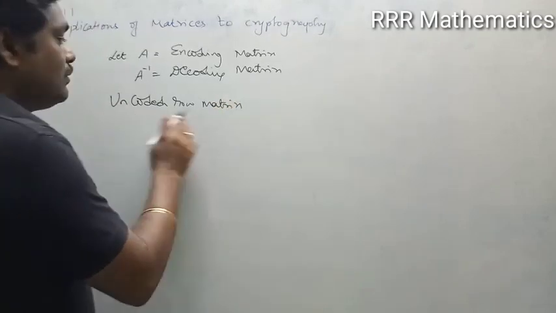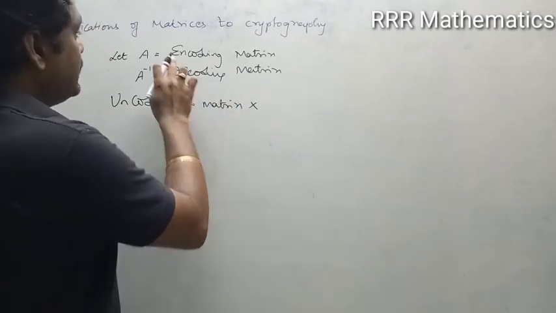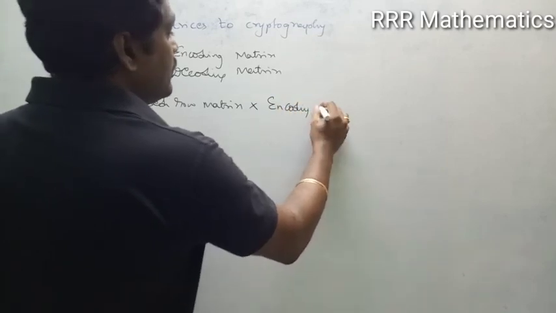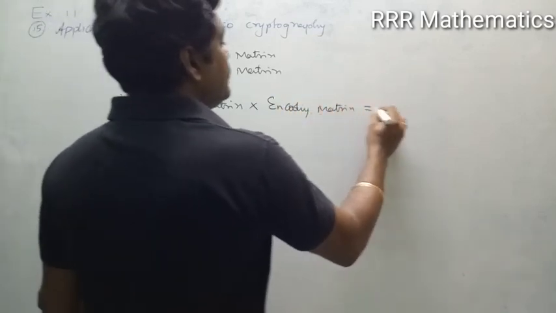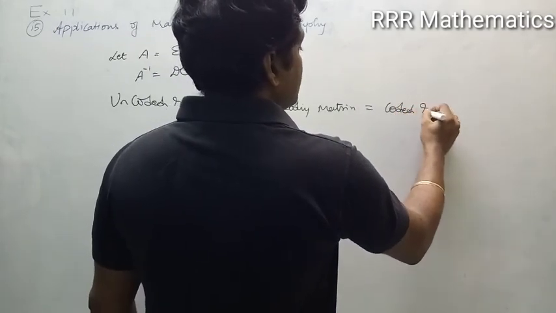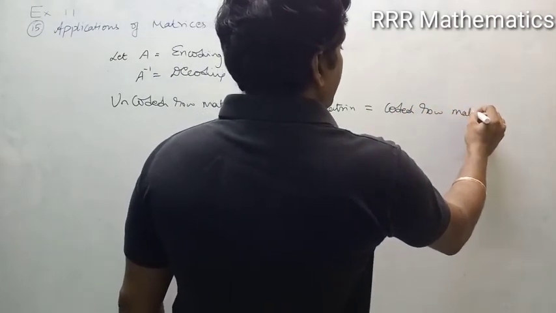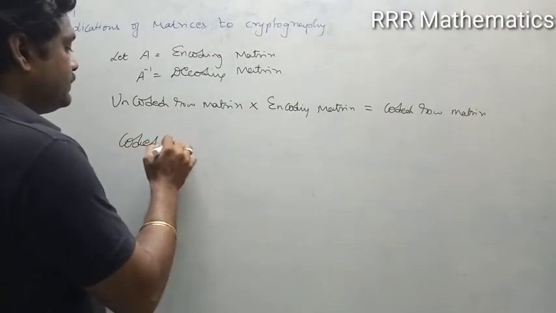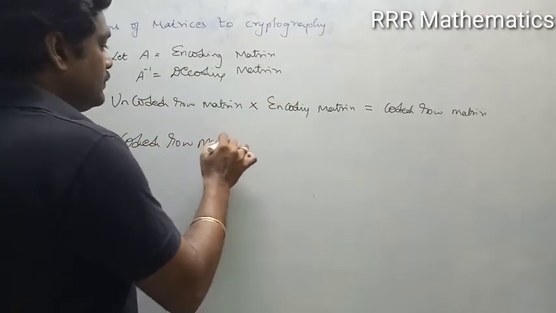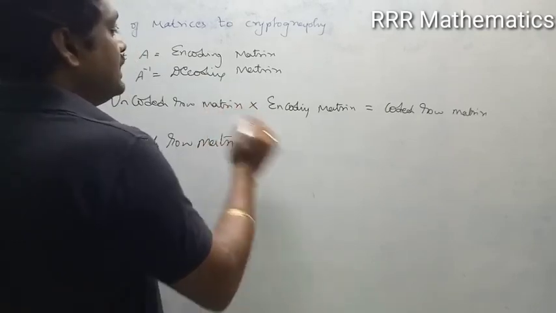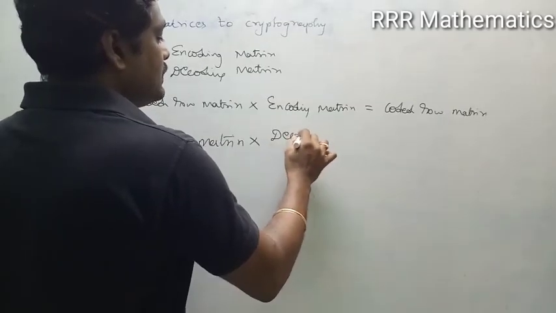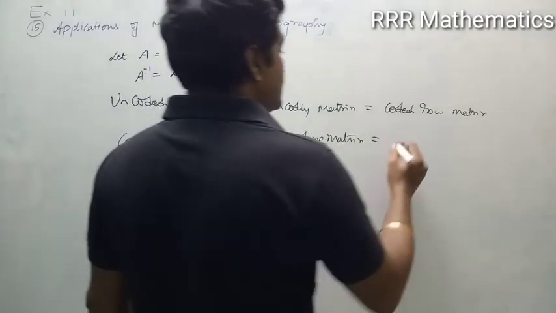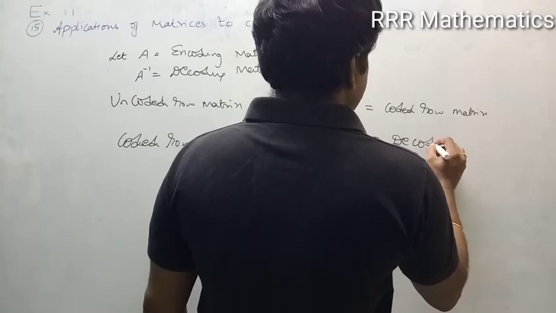When you multiply the uncoded row matrix with the encoding matrix, it gives the coded row matrix. Now the coded row matrix multiplied with the decoding matrix gives the decoded matrix.